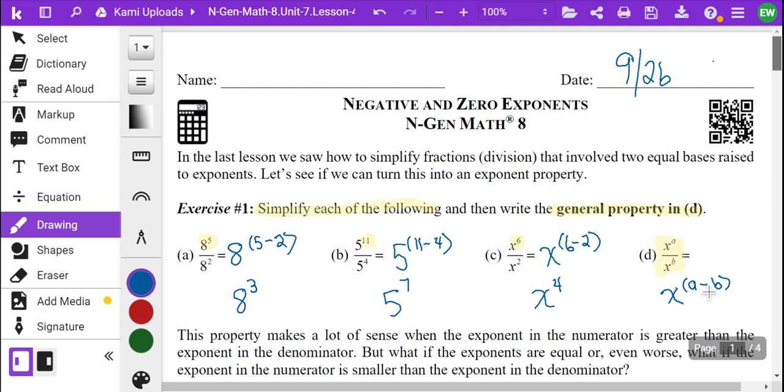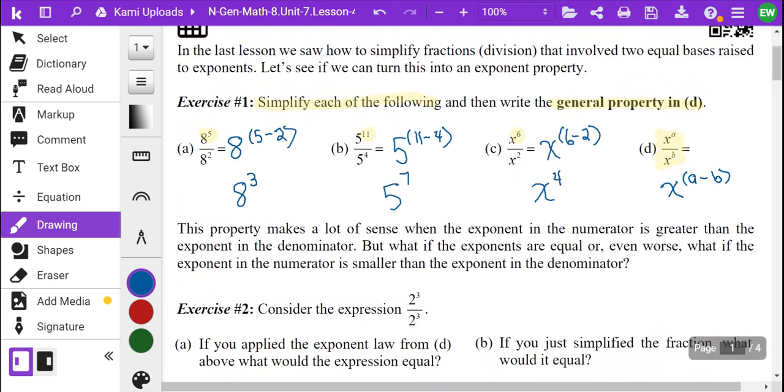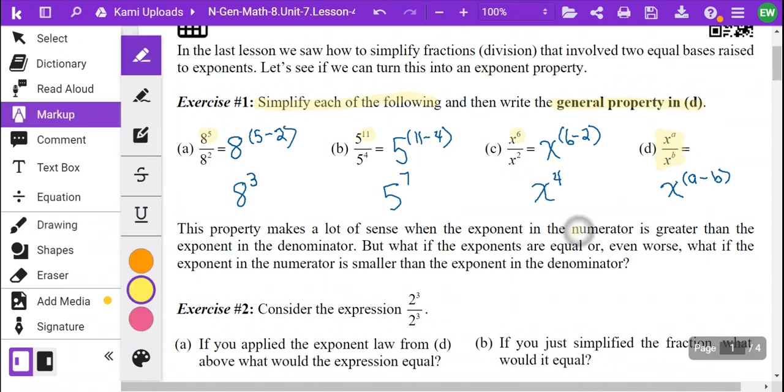Now, the next part's really important, but I've already mentioned it: it makes a lot of sense when the numerator is greater than the denominator. But what if the exponents are equal, or even worse, what if the numerator is smaller than the denominator?